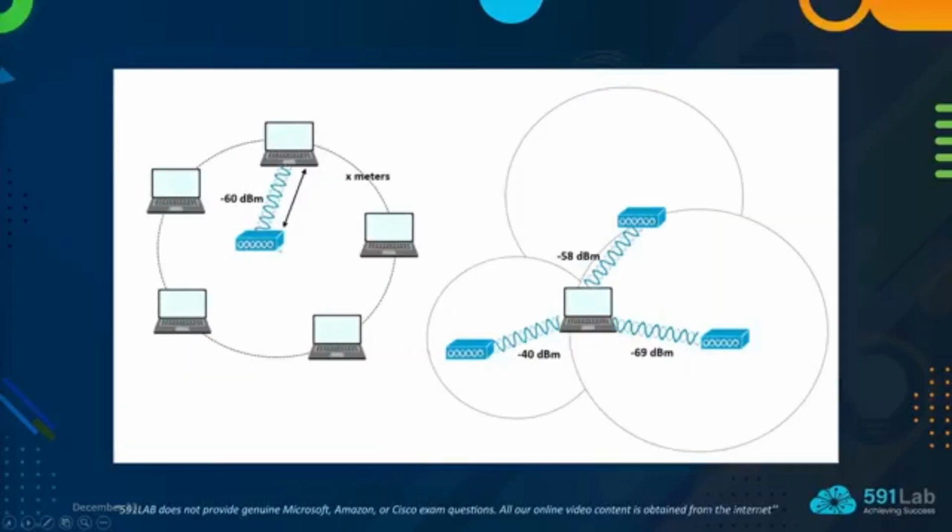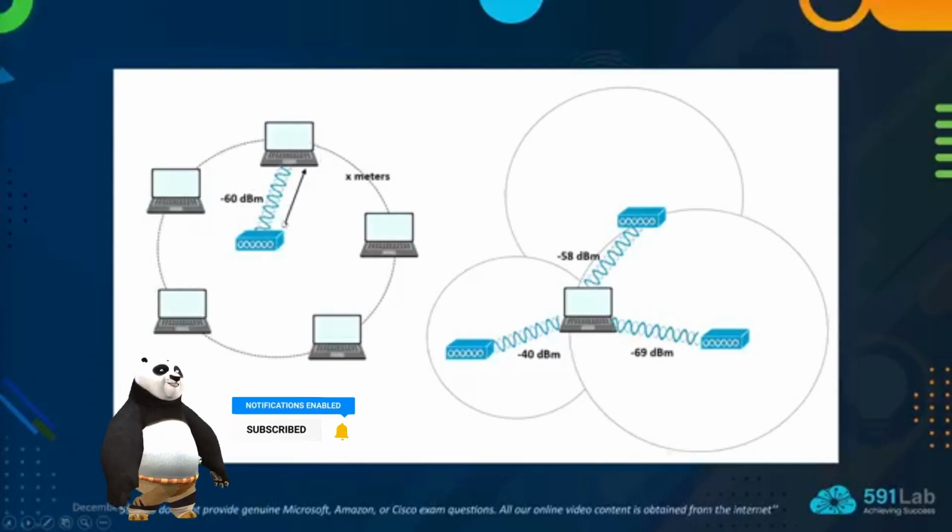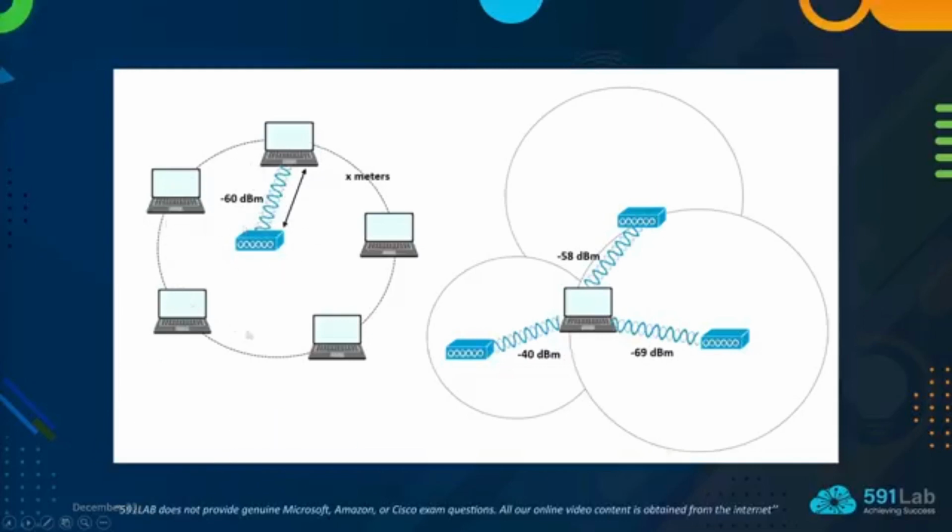If we have only 1 access point, it's not going to work, because let's say the mobile device is 10 meters away from the access point in any direction. With only 1 access point, maybe it can tell us that the client is 10 meters away, but in which direction, we do not know. But if we have 3 access points, we actually know, because each access point tells us the RSSI value, and then we can know where the client is.